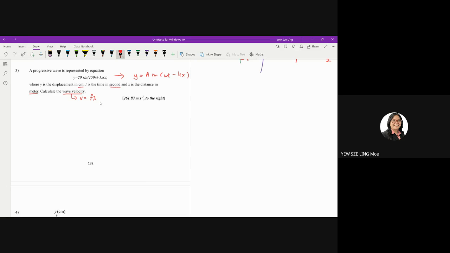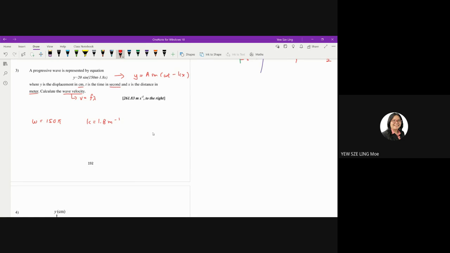So omega equals 150 pi by comparison, and k equals 1.8 meter negative 1 by comparison.